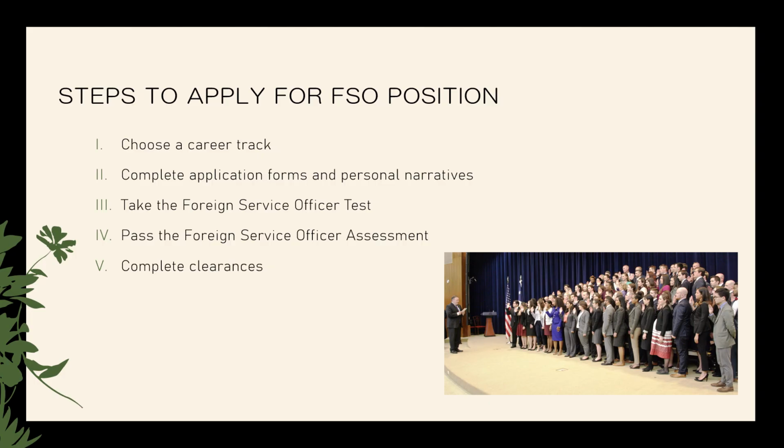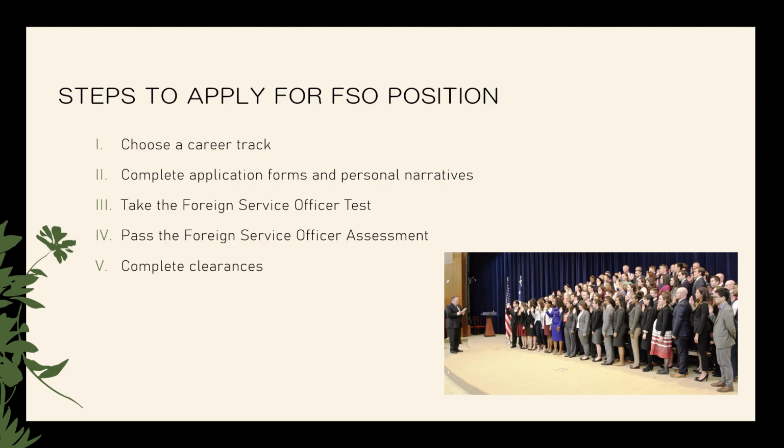Then these are the general steps to apply for an FSO position. First you have to choose a career track, whichever one you're planning to pursue. And then you have to complete the application forms and personal narratives, which are like mini essays that are reviewed by somebody. And then you have to take the Foreign Service Officer test, which has questions about job knowledge, English expression, and biographical information.